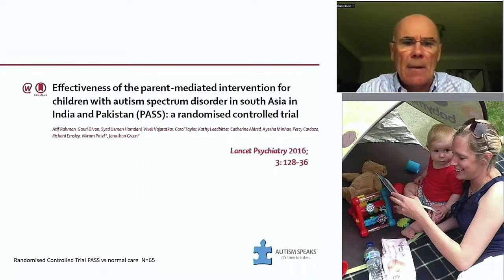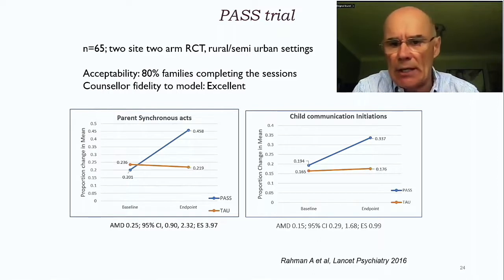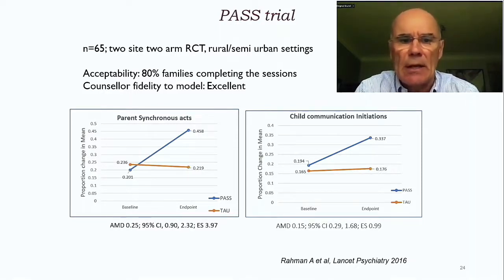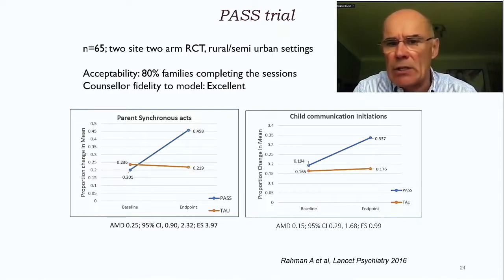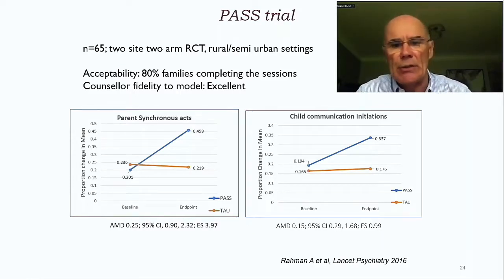And in essence, what we found is a very similar effect to what we found in our UK trials. And here are two examples of it. The parent behavior change that I showed you in the first PACT graph, and the child communication initiation change. Here, the blue line is the active intervention and the orange line, treatment as usual. And we were able to show in both these cases that these non-specialist workers could produce effects very similar to the effects that our therapists could produce in the UK.